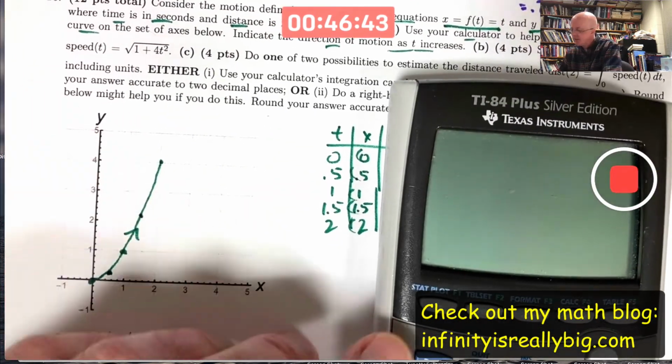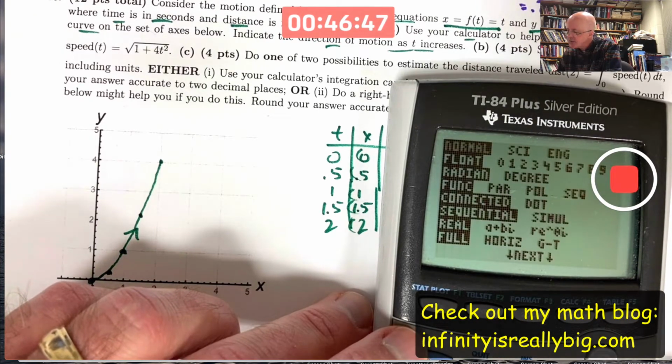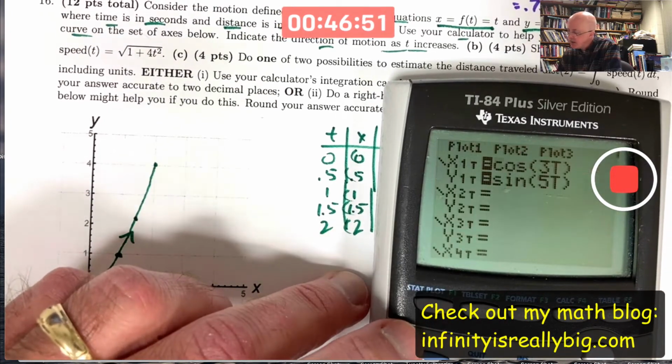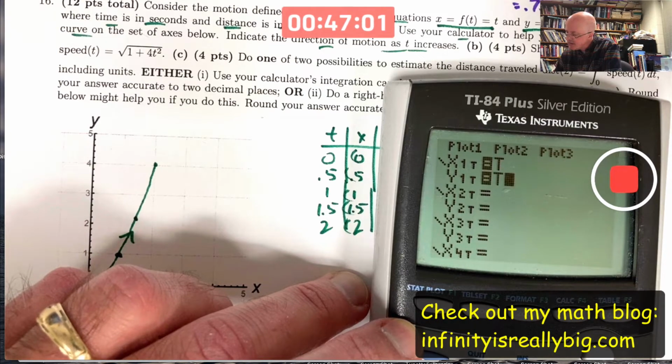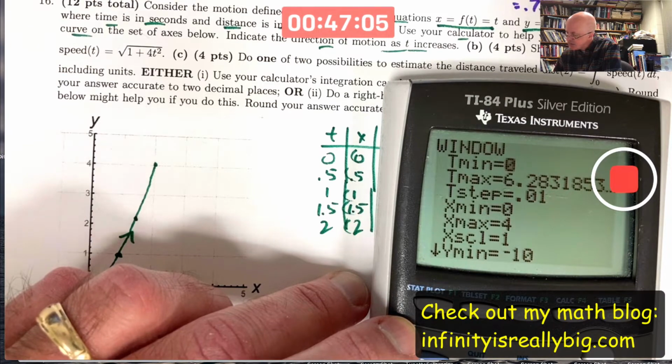If you wanted to confirm it with your calculator, you'd want to be in parametric mode, par, like that. And you'd want to plug in these functions. X is t, y is t squared. Into your window, let t go from 0 to 2.